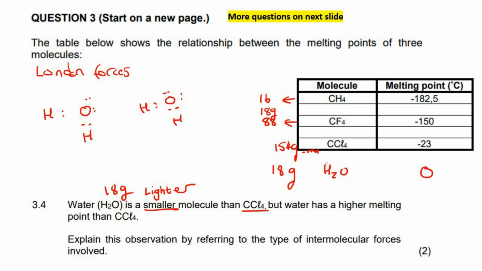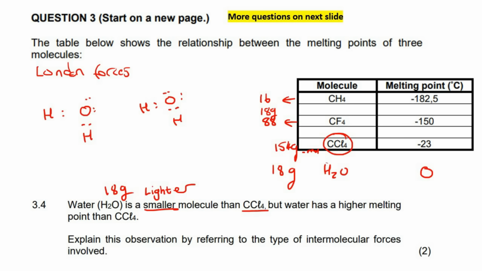In fact, water has hydrogen bonding, which is extremely strong compared to London forces. So even though CCl4 is a much larger molecule and it's got much stronger London forces than water, water is still going to be stronger due to the hydrogen bonding. Because hydrogen bonding is much stronger than London forces.